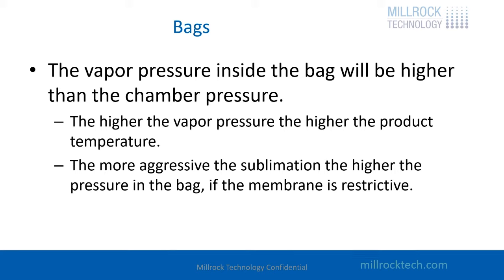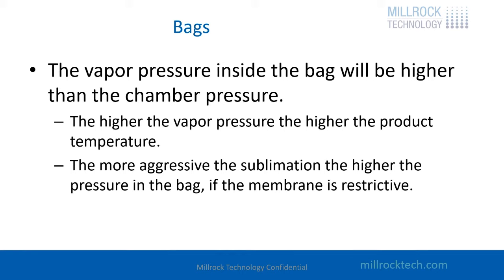Also, if you're using bags, it's important to understand that the vapor pressure inside the bag during sublimation is going to be higher than the chamber pressure. So you have a barrier to sublimation going on there. And if you have a very aggressive sublimation rate, the pressure could be high enough inside the bag to actually cause a collapse condition or a melt back condition of the product that's in the bag.